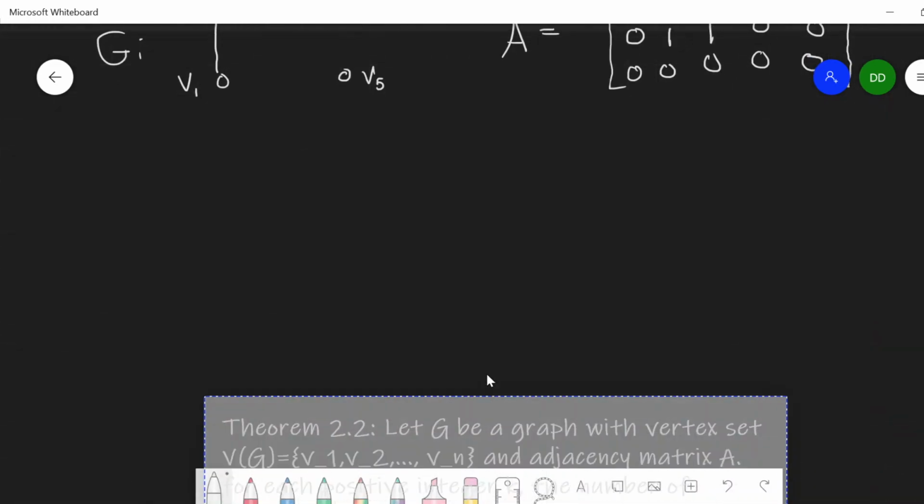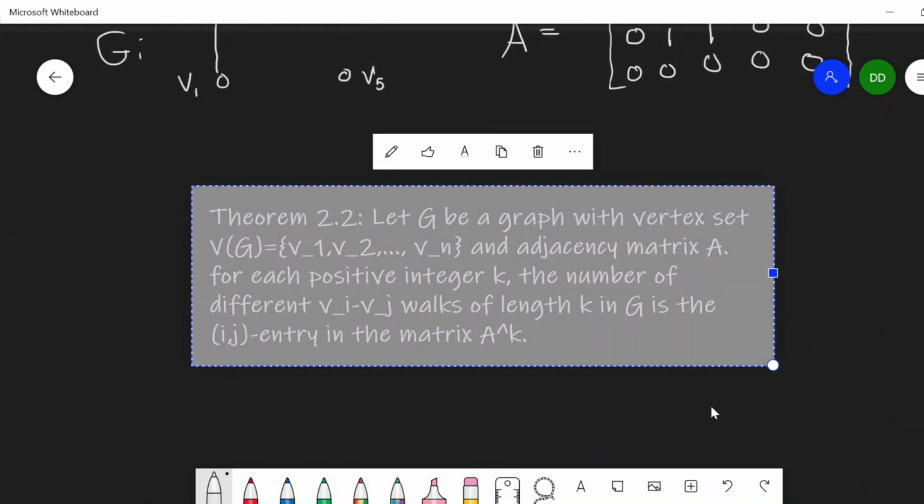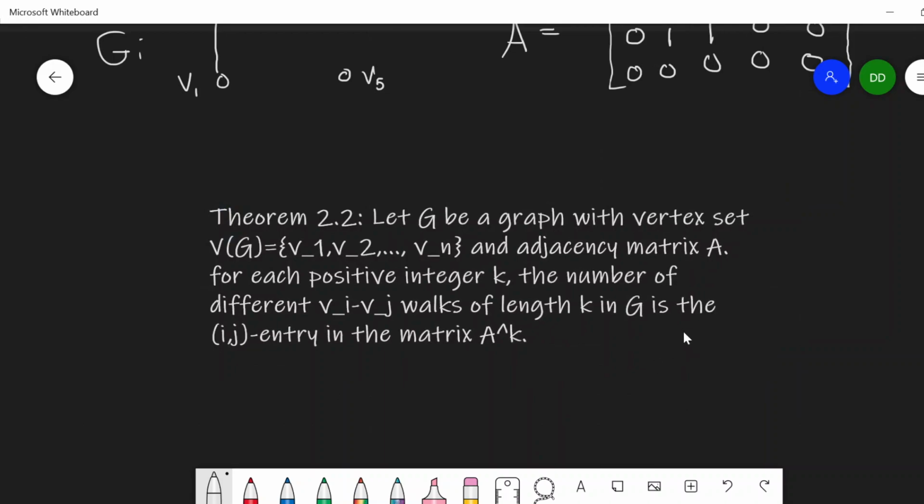In particular, we get Theorem 2.2. If we have a graph with vertex set v1 up through vn, like we had there, v1 through v5, then if I raise this matrix to the kth power, the ij entry of it is the number of vi, vj walks of length k in the graph.